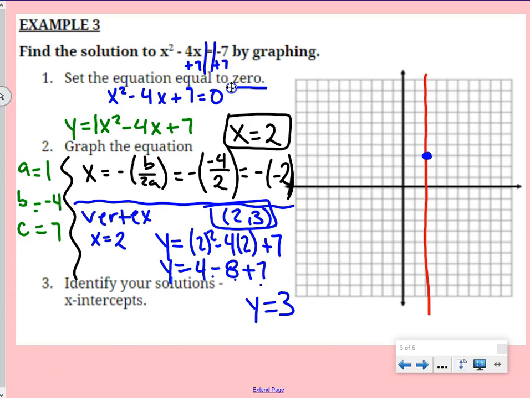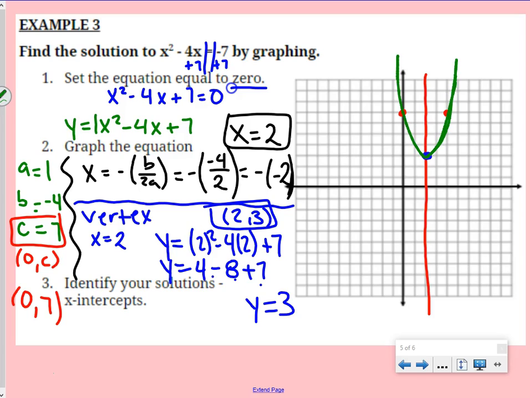Now we can get our y-intercept for another point using the fact that our y-intercept is 0, c. So our y-intercept would be 0, 7. Plot that point on our graph, it would be right here. Use the symmetry to plot a second point and connect your points. We have 3 nice points on our graph.